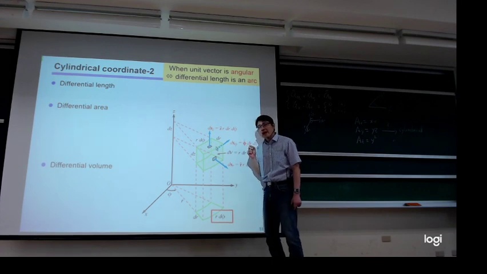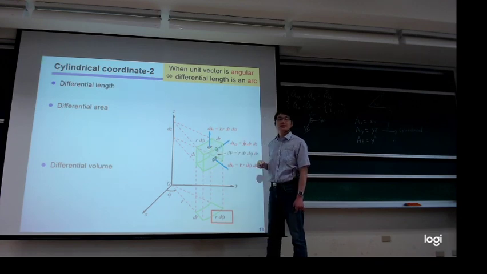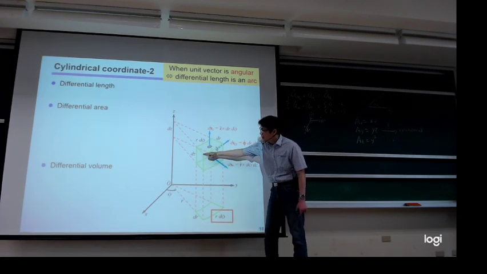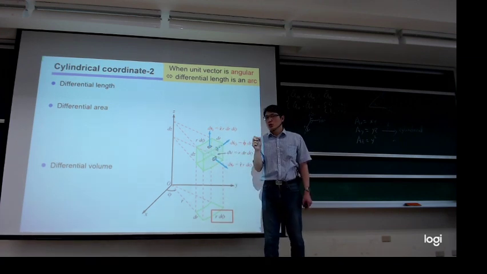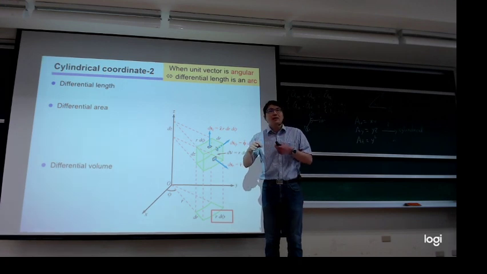From here to here, are we walking along a straight line, or along an arc?